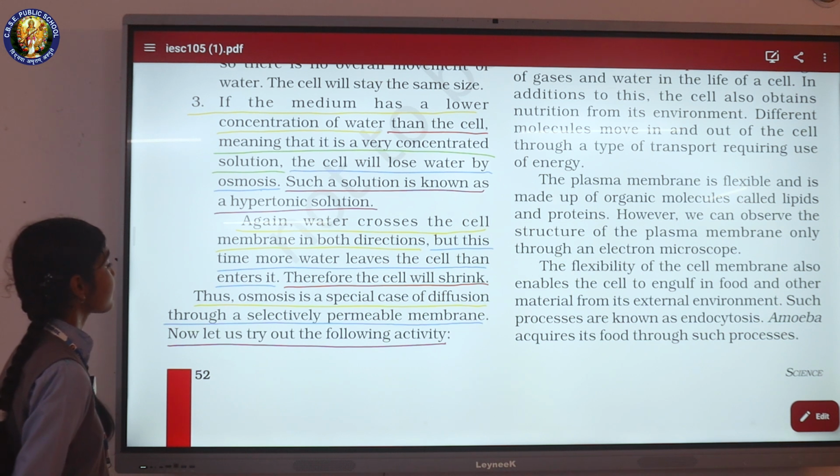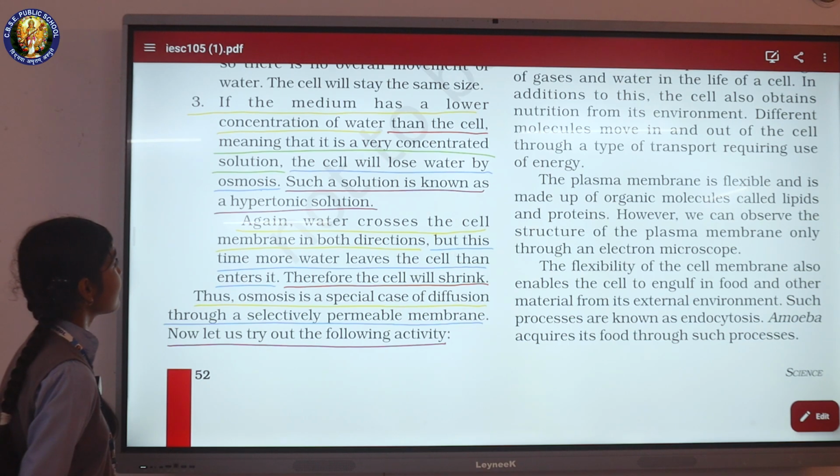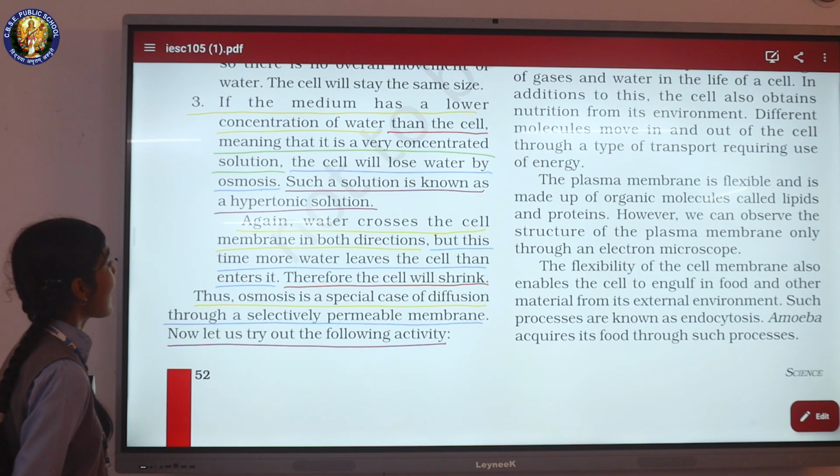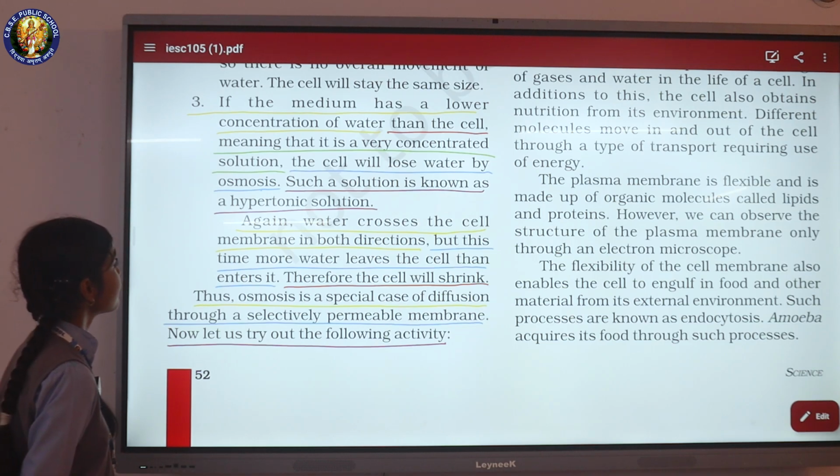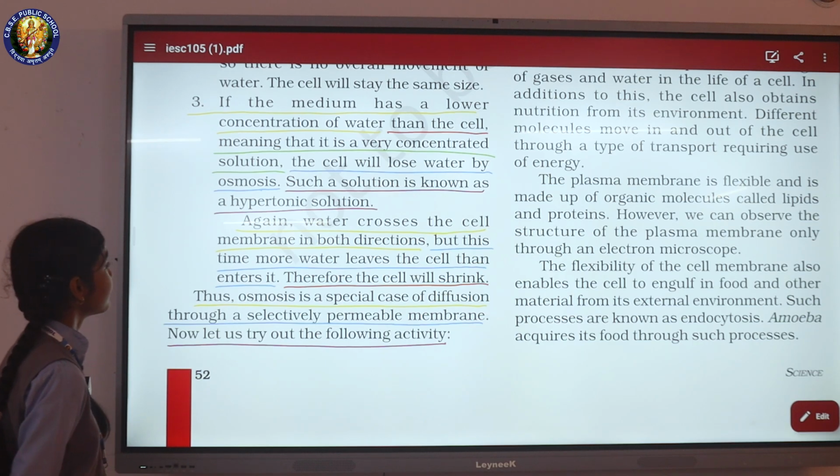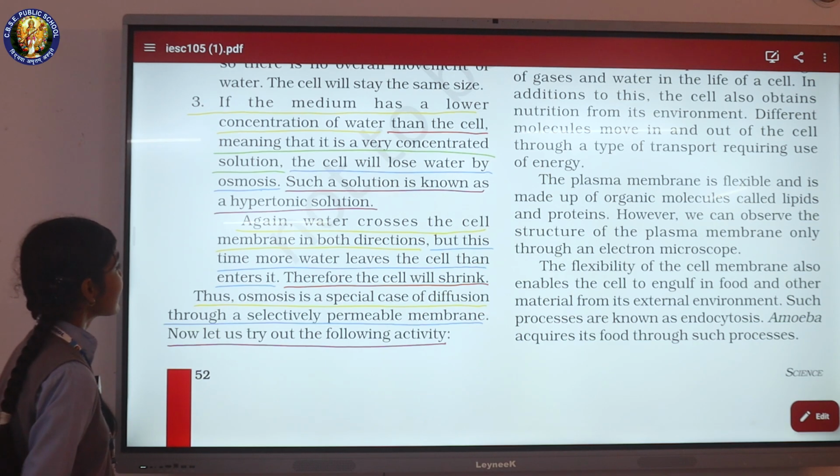Again, water crosses the cell membrane in both directions, but this time more water leaves the cell than enters it. Therefore, the cell will shrink.